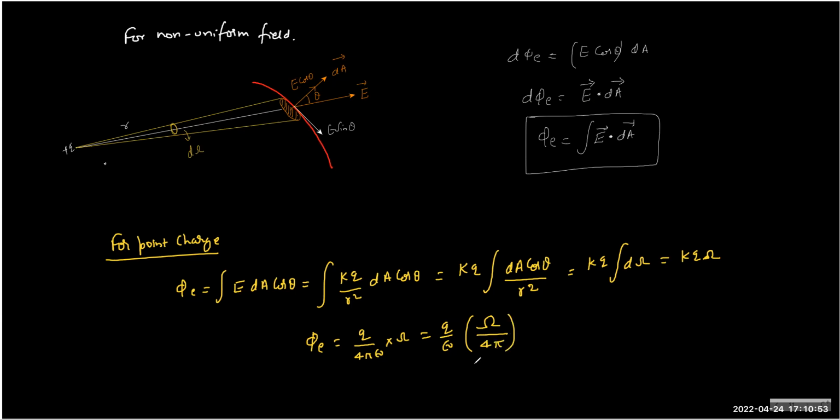So this is the method that we employ for point charge questions. No need to solve by integrating the electric field. You just do it by thinking of solid angle. This is a very, very important formula. You must remember this.